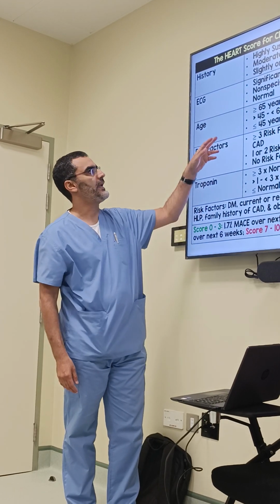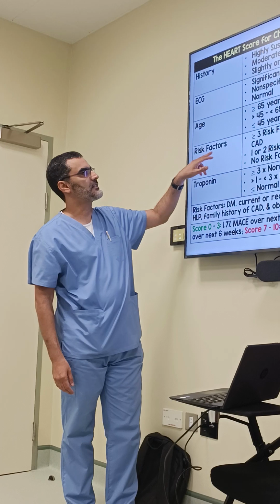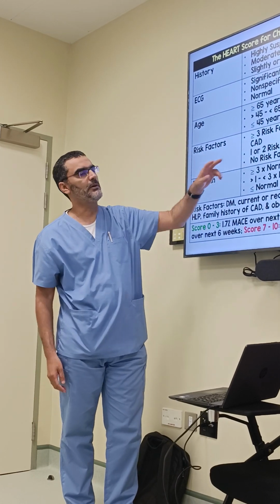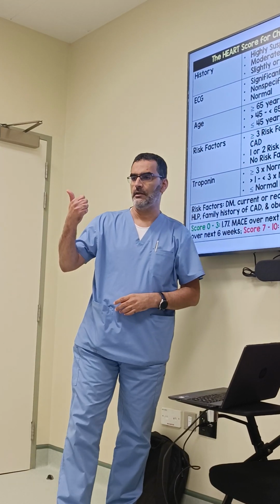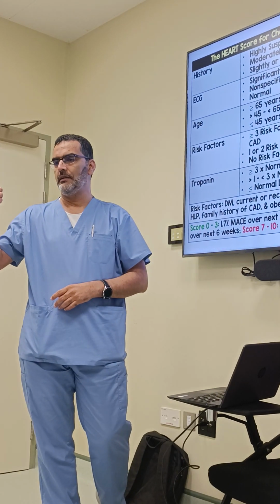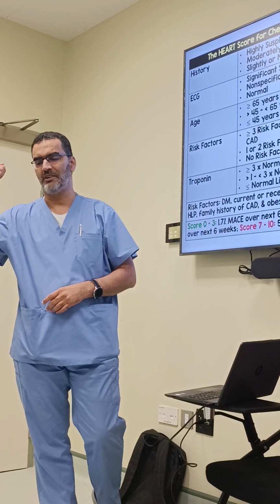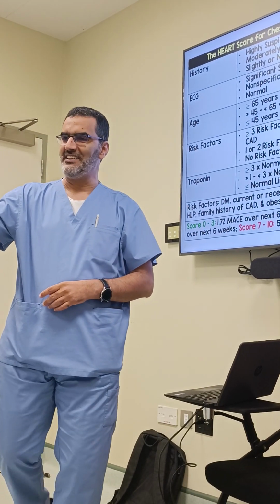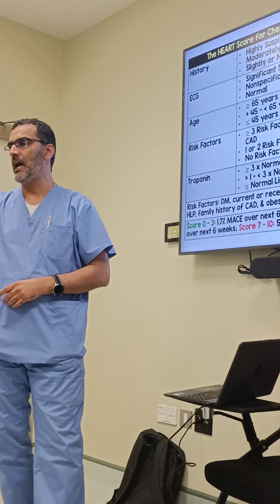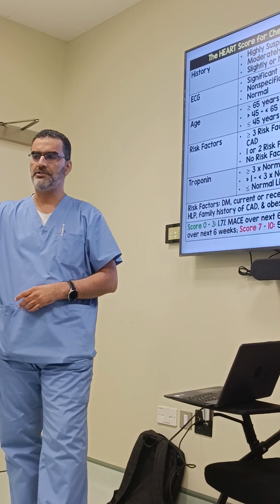Age. Risk factors. What are you talking about with risk factors? Diabetes, smoking, obesity, hypercholesterolemia, and maybe family history.